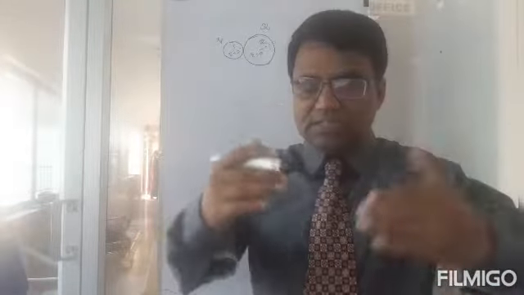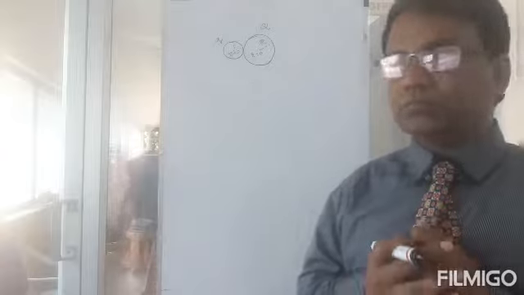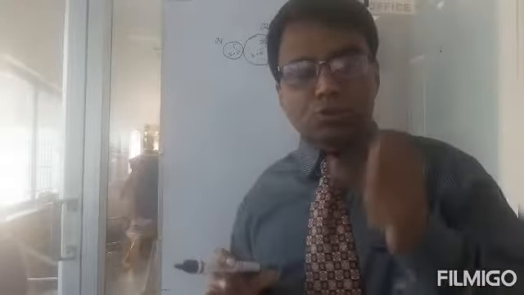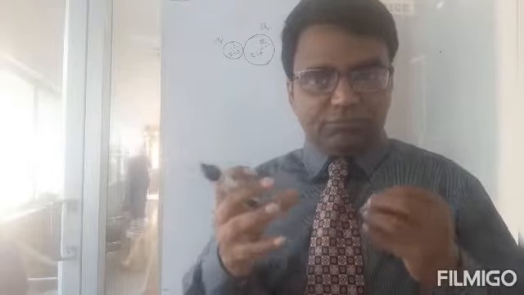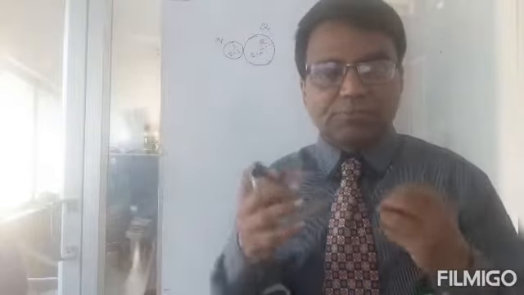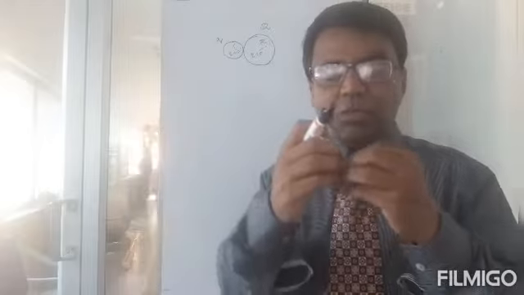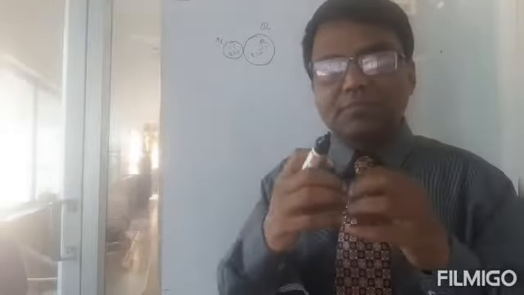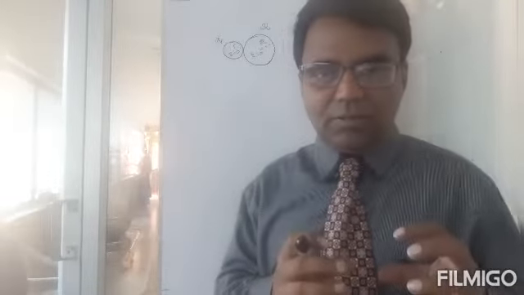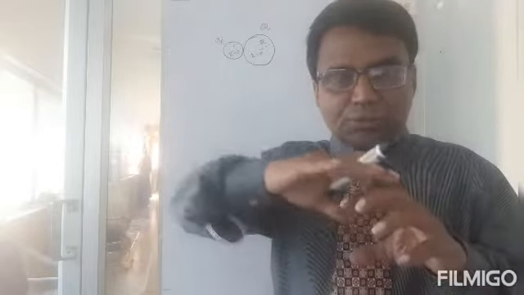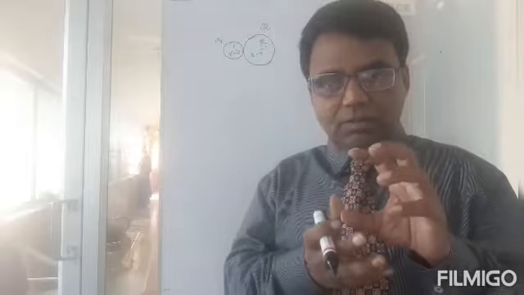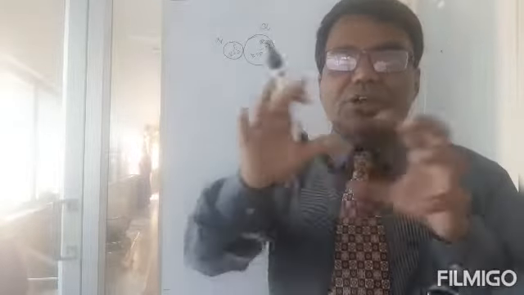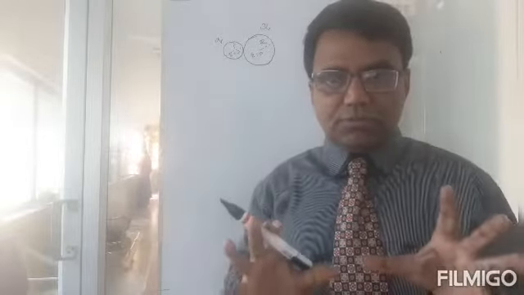I want you to understand this. Let me repeat. You have two conductors, conductor 1 and conductor 2. They have two different charges. You are bringing them together. Now, when you touch them, they become a single conductor. So the charge will get distributed around the conductor. And when will this charge distribution stop?